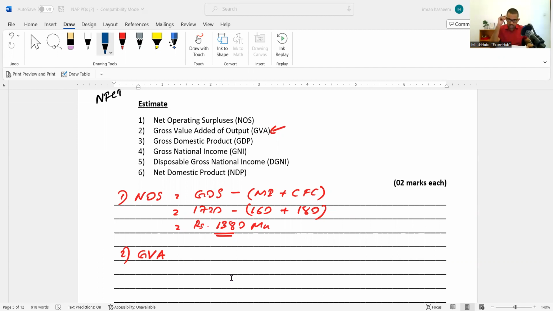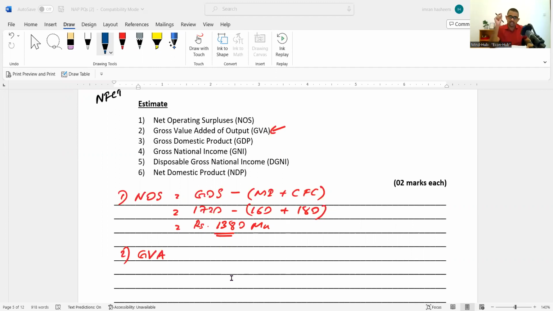If you're asked to estimate GVA, GVA values are, yeah, GDP fine, that I agree. If I ask you GDP, what goes without saying when you say GDP? GDP always is at, as Meman is saying correctly, market price. That's fine.